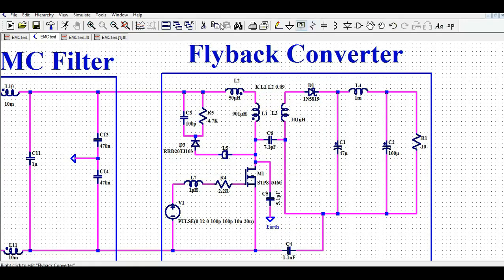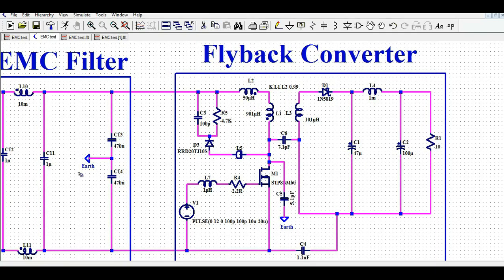This is my earth terminal, and I place it here as well, and one more place later, the LISN. I'm trying to model anything connected to the earth terminal which could generate common mode noise.